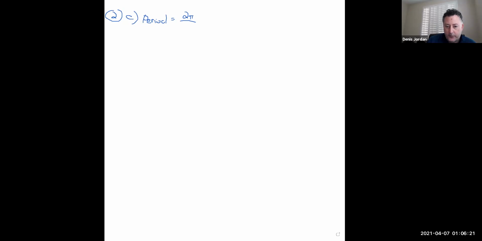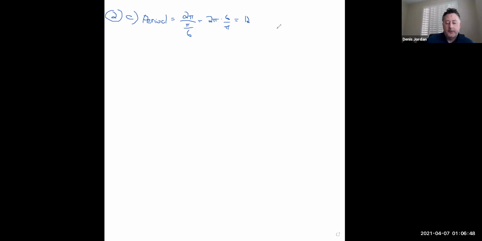So with this one, that's pi over 6. When you divide by a fraction, it's the same thing as multiplying by the reciprocal. So it's 12, right? Yeah.